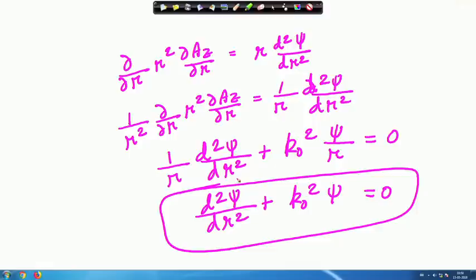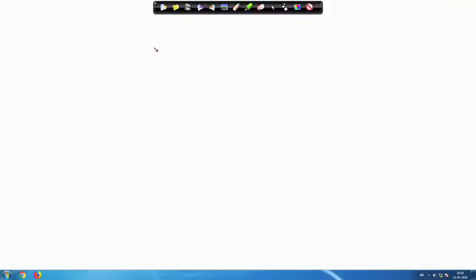So, this is a simple scalar second order differential equation. So, all of us from our college days know this solution. This is simple harmonic motion solution. So, what will be the solution?